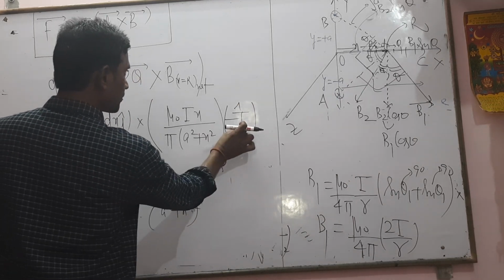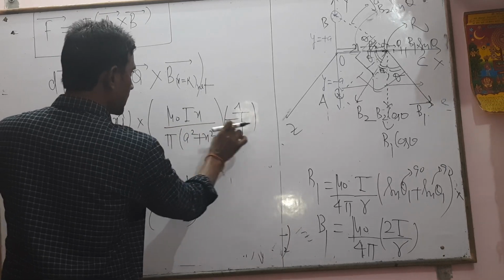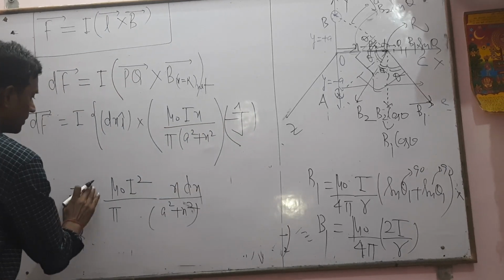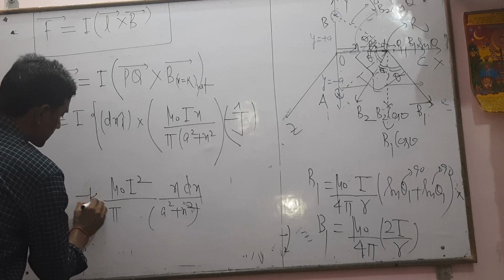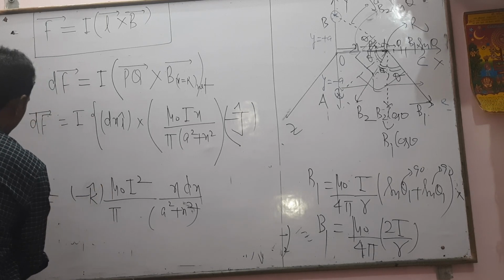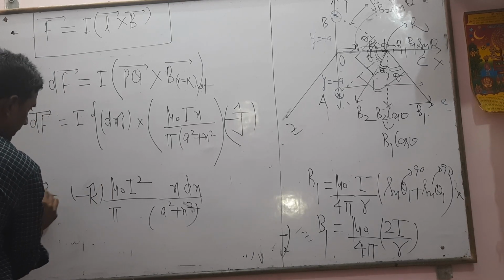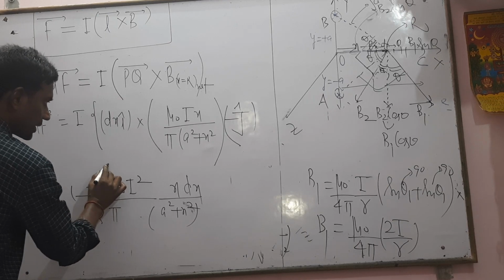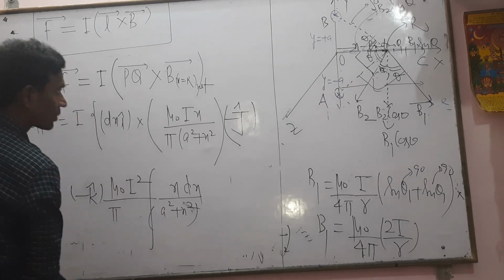This will be the minus i cap cross j cap, which equals minus k cap. That value equals minus k cap. So dF vector. Now we are integrating both sides.